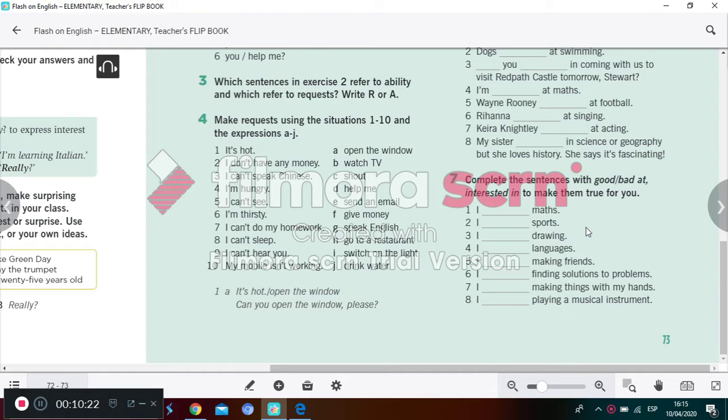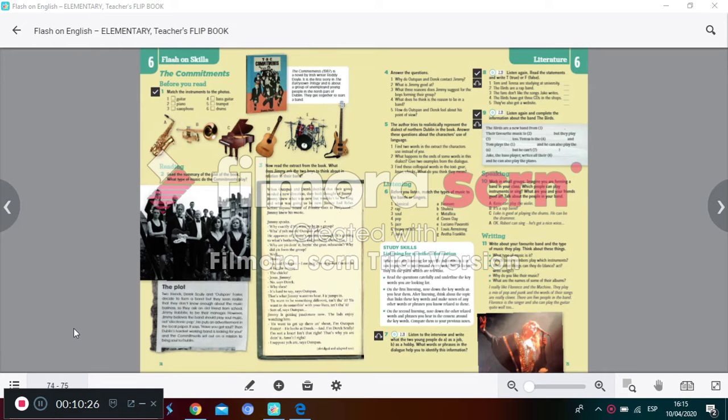So, let's go to the next page. Okay, now we are on page 14 and page 15. In activity number 1, here you have the names of 6 musical instruments, and here you have 6 instruments.